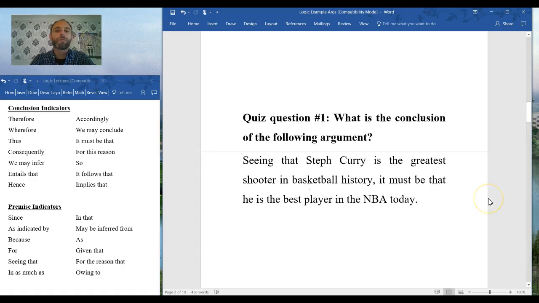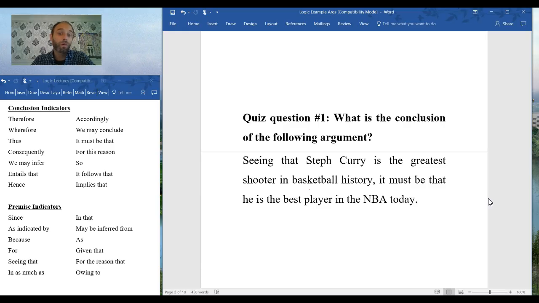All right, so here's the first quiz question. Now that you know how to use premise and conclusion indicator words to find premises and conclusions, this will be the first question on your quiz. What's the conclusion of argument number 1? Argument number 1 says, seeing that Steph Curry is the greatest shooter in basketball history, it must be that he is the best player in the NBA today.